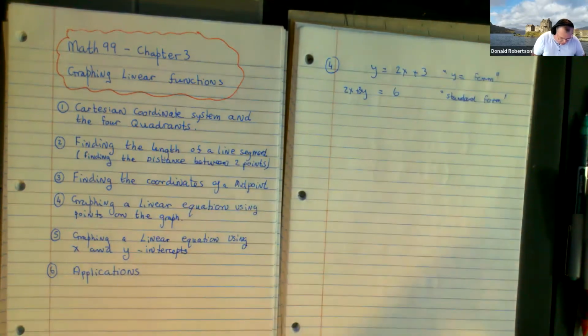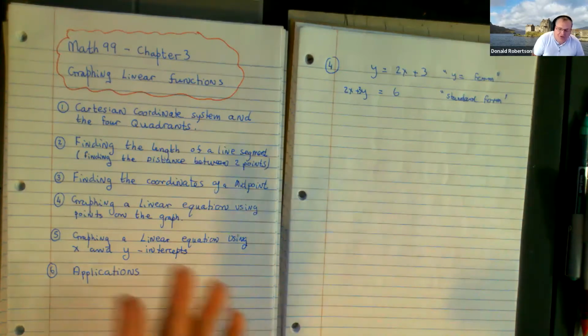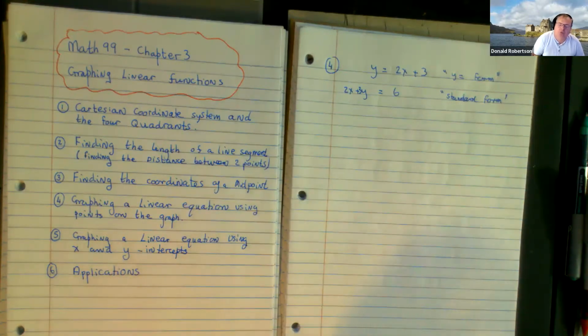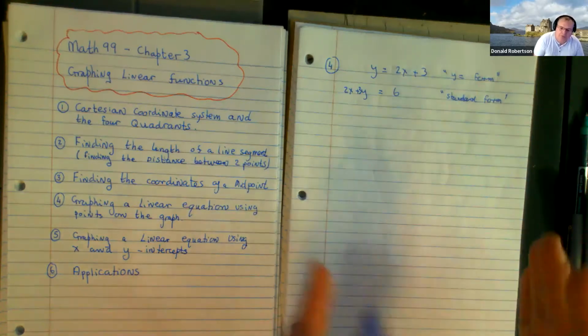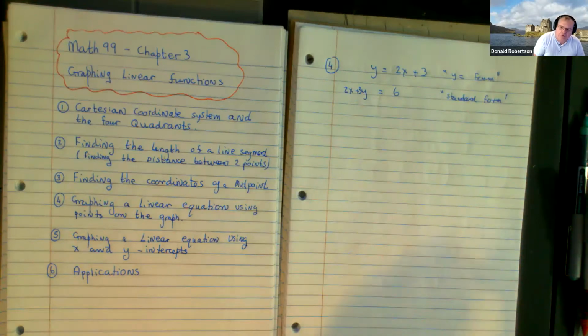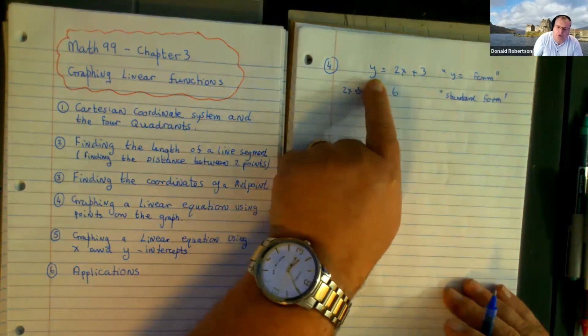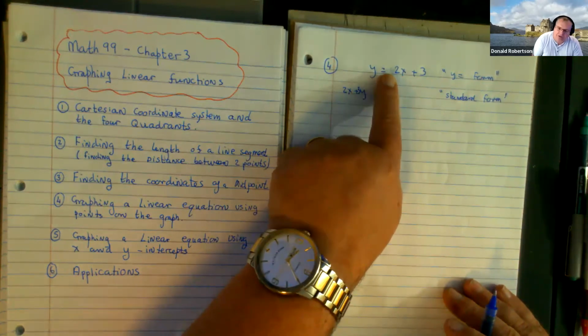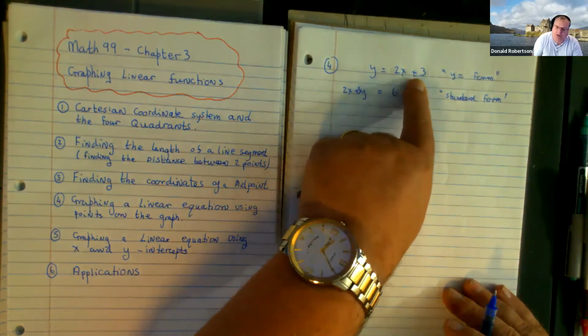So we are going to sketch what the graphs of these look like. Essentially, when you graph a function, in this case a linear equation function, what you're trying to do is show on a piece of paper, on a 2D XY grid, all the points where this is true. All the points where the y coordinate is twice what the x coordinate is, add 3.